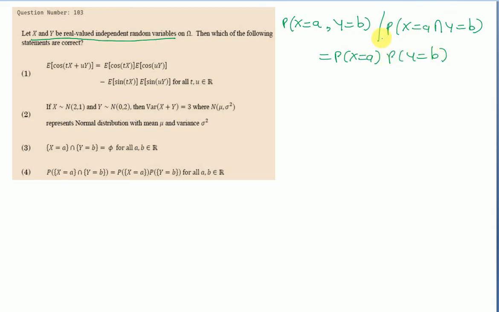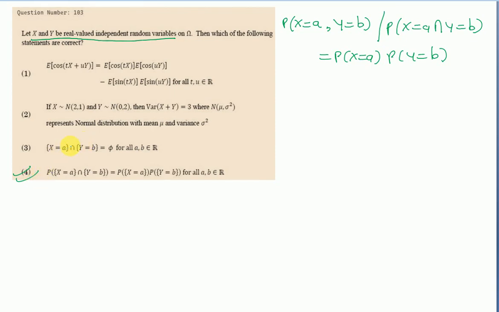This is a direct result we have all gone through in statistics. So here x and y are independent, then this result is always true. This option 4 is directly true.